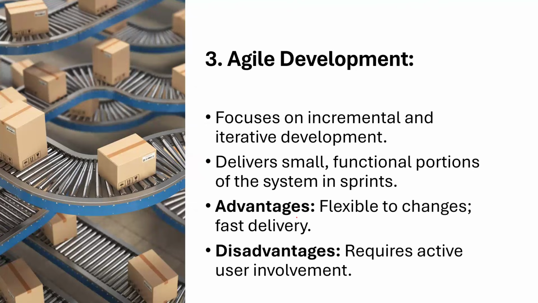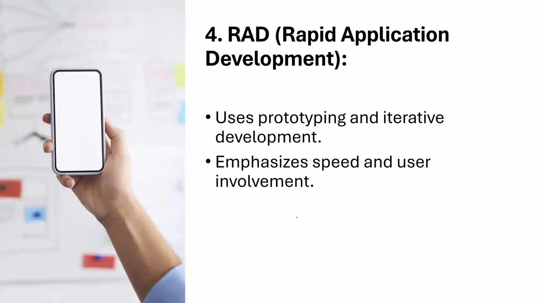It delivers small but functional portions of the system in sprints, all right? And the advantage is that it's flexible to changes. It has fast delivery as well. And the disadvantage is that it requires active user involvement.